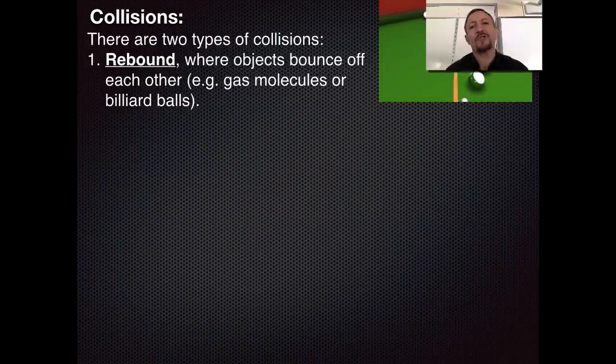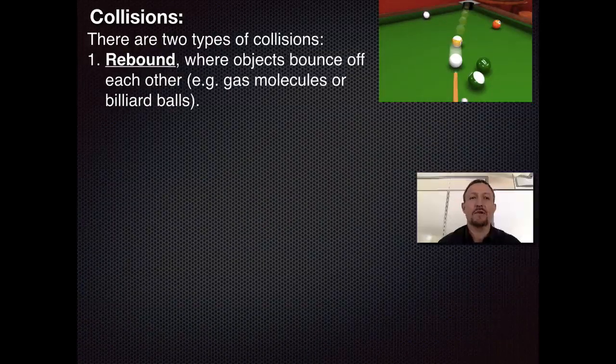Now, the second portion of this, as well as explosions, we've also got collisions. There are two forms of collisions: we've got rebounds and we've got coupling. First off, rebounds is what you'll get in things like pool, gas molecules, etc., where things rebound off each other. Car crashes are also a good way of looking at collisions and rebounds. You have a car moving with a certain speed and another car moving with another speed.